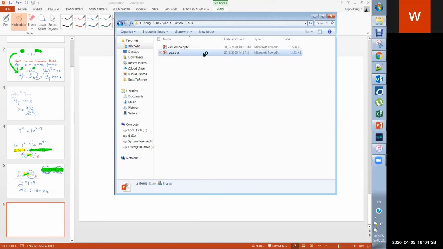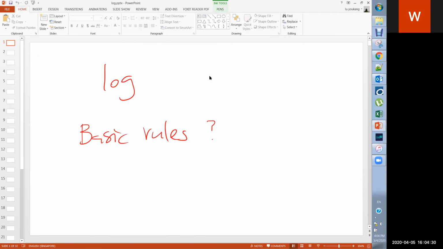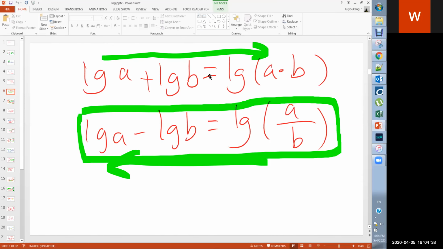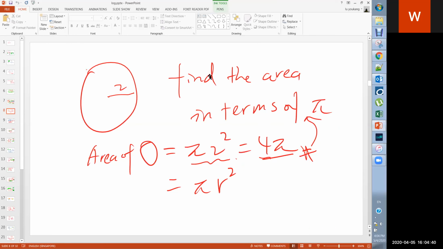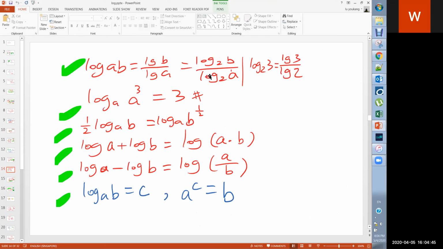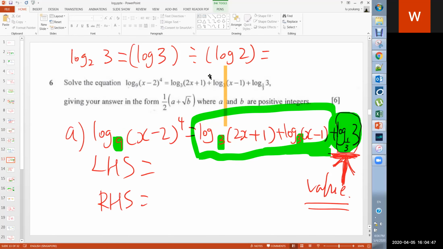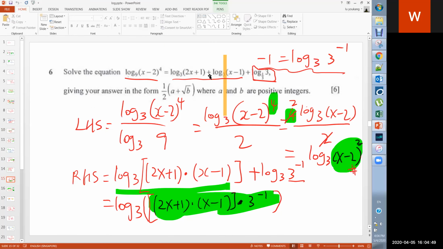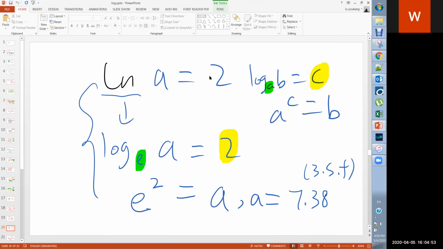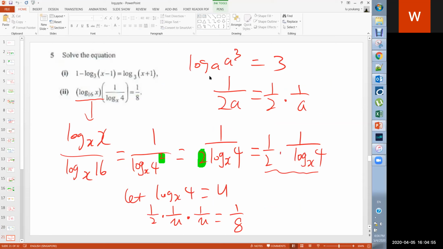We change it to a common base, either common base or common power. So there is a question that forces you to use common power to solve. I'm looking back at some of the questions we did last time. It's important actually because they really want you to use common power. They don't want you to use log both sides.